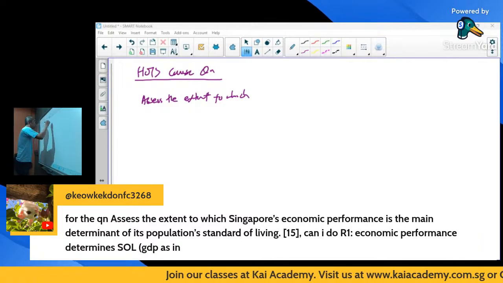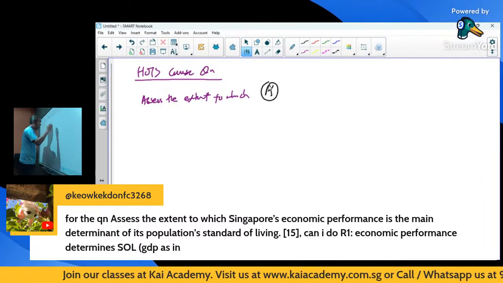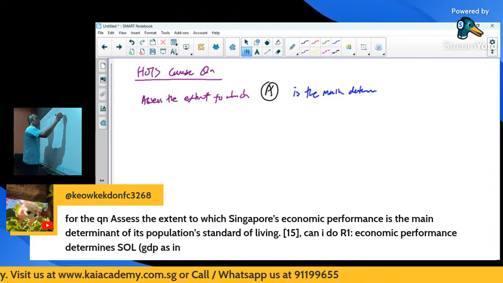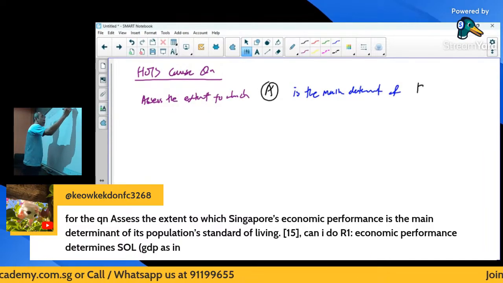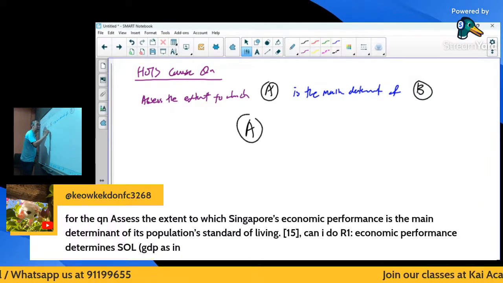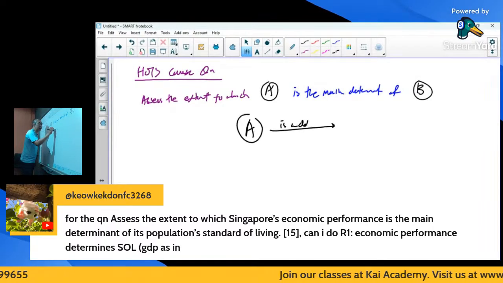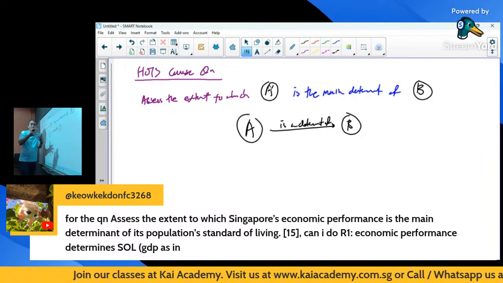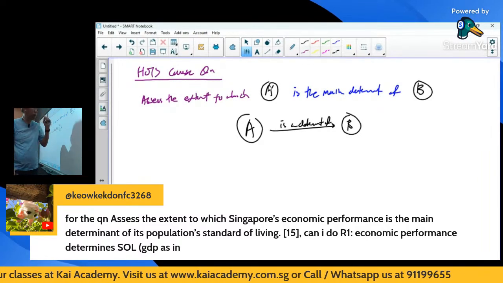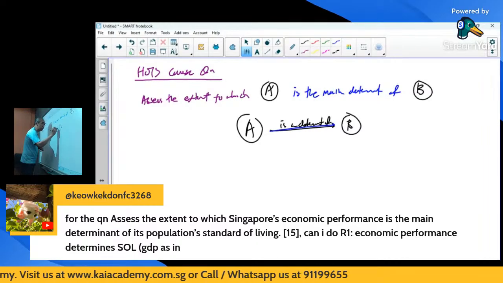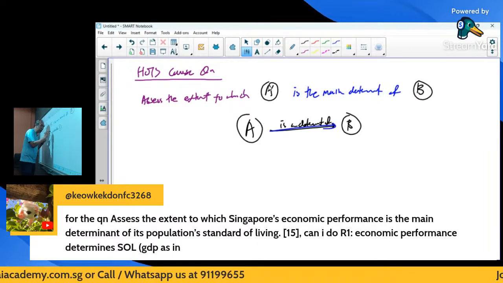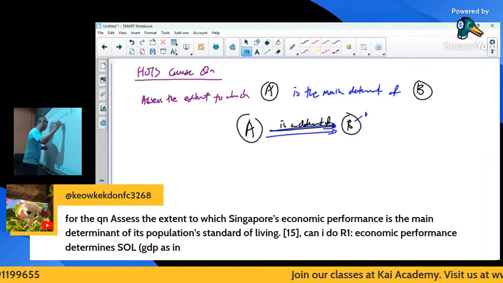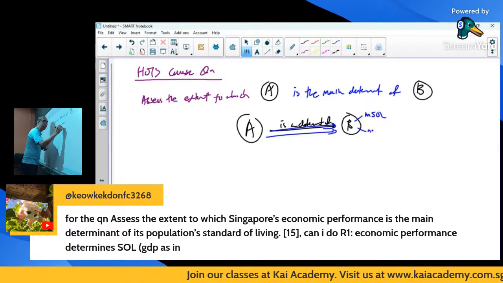So assess the extent to which A is the main determinant of B. This suggests that A is a determinant of B. So I need to explain how economic performance impacts on SOL. Now here there are two arrows: how economic performance affects MSOL, and how economic performance affects NMSOL. So B contains MSOL as well as NMSOL.